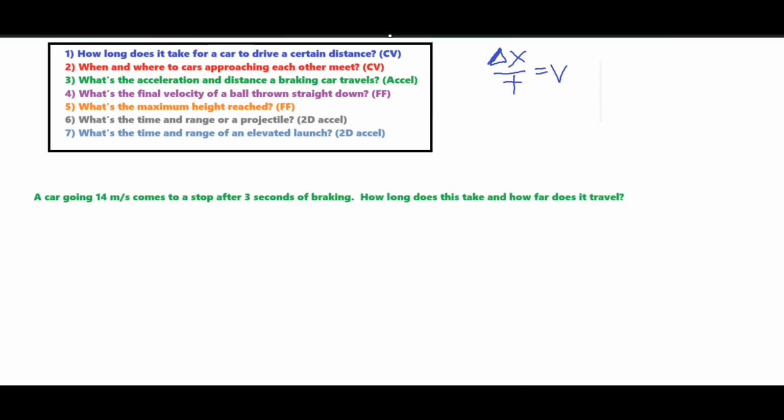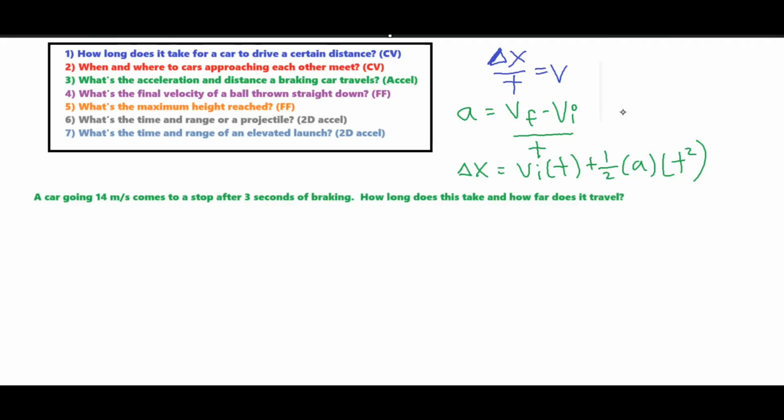All right, so we're on to our first accelerated motion problem, and now we're going to have to introduce some new formulas. So we have the acceleration is the change in velocity, which is vf minus vi, final minus initial velocity, over time. We also have the displacement equals the initial velocity times time plus 1/2 acceleration times time squared.